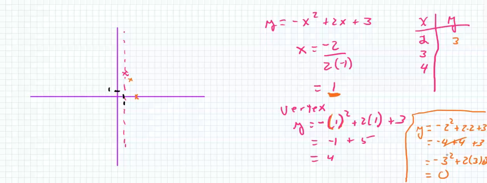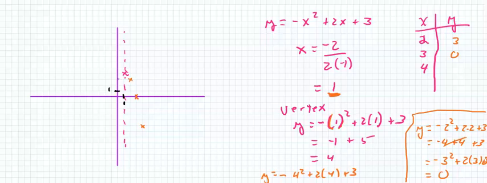And the last one, I'm running out of space to do this, we have -4 squared plus 2 times 4 plus 3, -16, plus 8, and 3 is 11, is -5. 1, 2, 3, 4, 5.